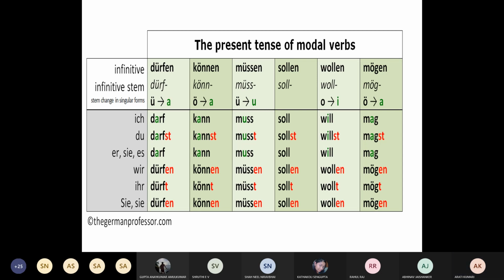Sollen. Ich soll. Du sollst. Sie, es soll. Wir sollen. Ihr sollt. Sie sollen.